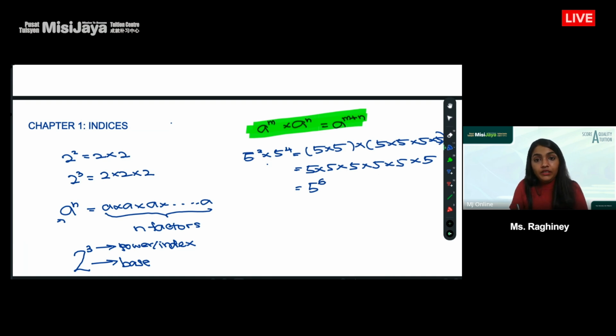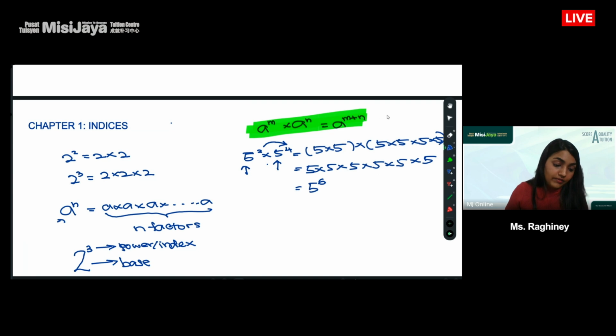So can we see? When we have these two, the base is the same, 5 and 5, we can basically just add the power. All right? Only if the base is the same, right? Okay.